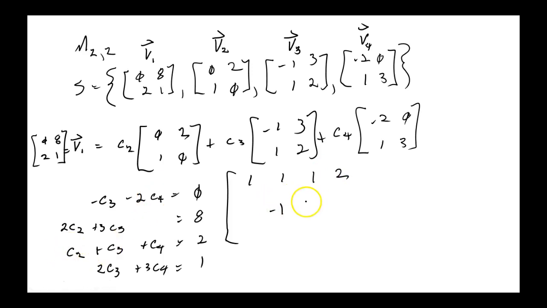Minus 1, minus 2, 0. 0, minus 1, minus 2, 0. The next one, 2, 3, 0, 8. And the last one, 0, 2, 3, 1. Okay? And just do your row reduction.